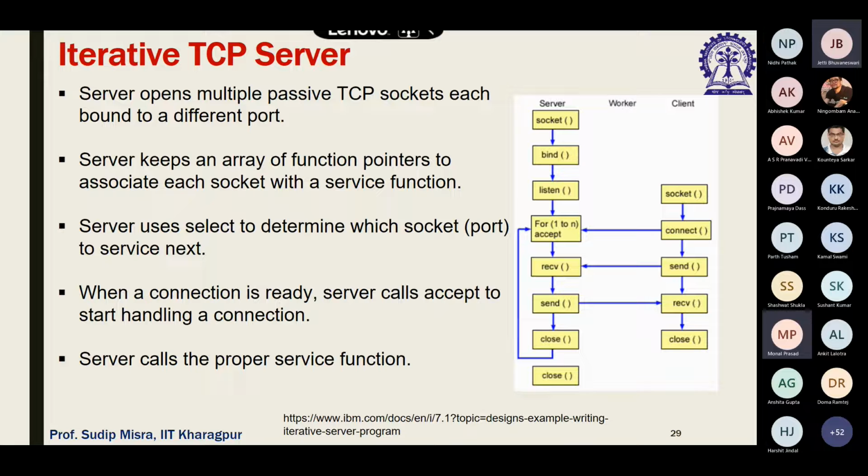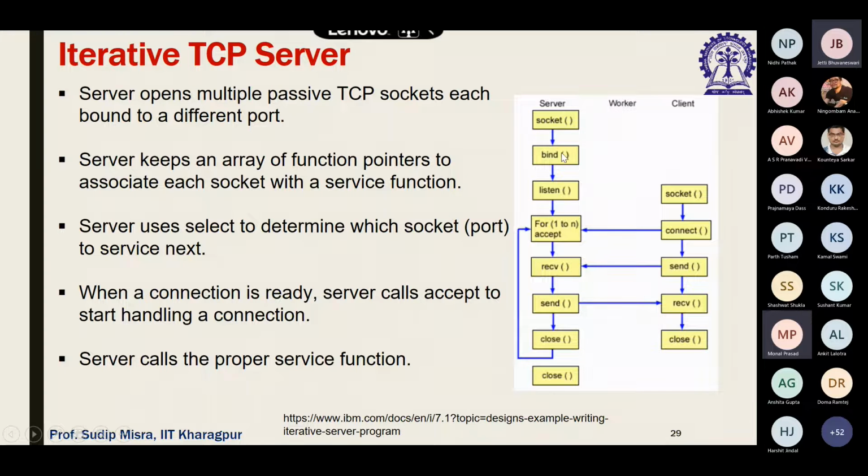Okay, now let us try to get into this iterative server. So again, as usual, the server will open the connection, right? It will open multiple passive TCP sockets, each bound to a particular port. Through this binding process, it will be bound to the particular port.